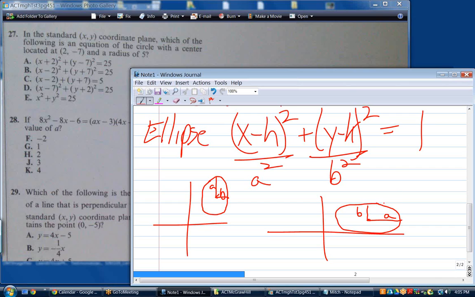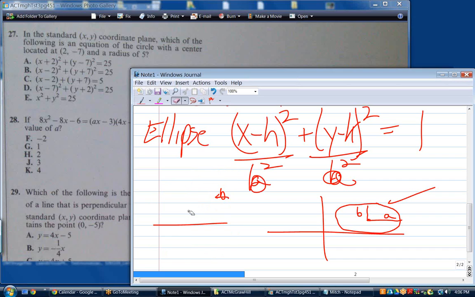Because the long radius here is parallel with the x-axis, A goes under the x variable. In this picture, A is parallel to the y coordinate, so this would be under a squared, and that would be b squared.